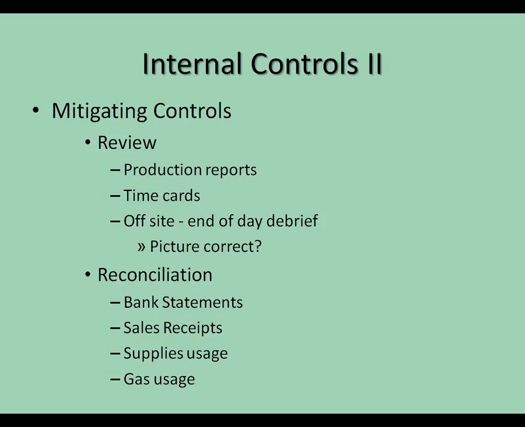If we, the managers or owners that are in tune with the production cycle, review production reports and time cards, say we're on a trip at the market and we have people back at the farm, get an end-of-the-day debrief so you have a picture in your mind of how much cash should be coming in. Check the bank account. Picture's correct, great. Picture's not correct, we have some questions to ask.